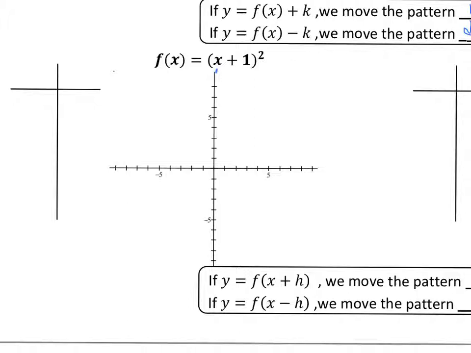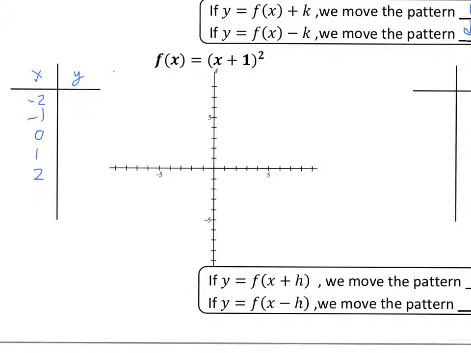So now if we get a +1 there, let's do our XY table just for this one to see what happens. We'll go -2, -1, 0, 1, and 2 again. If x is -2, what is y?